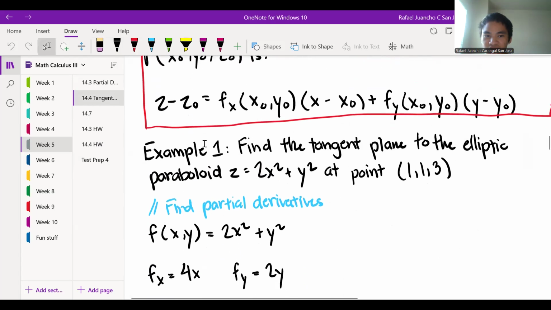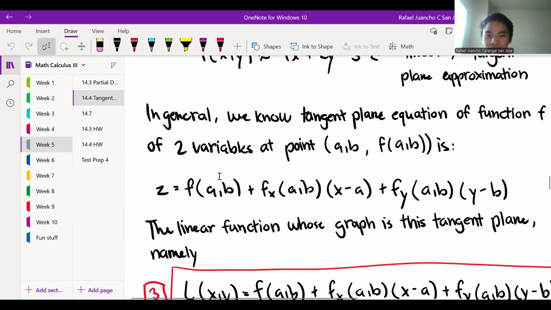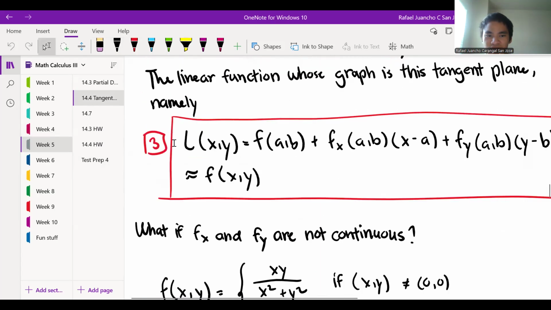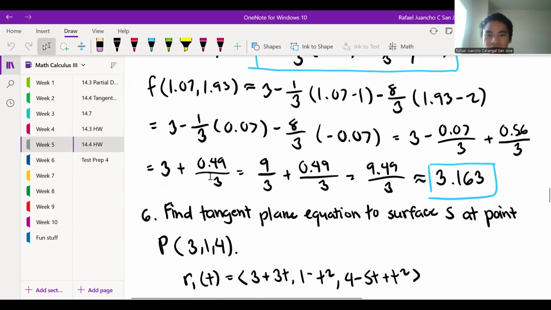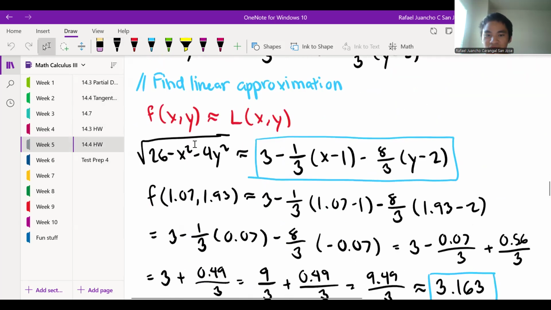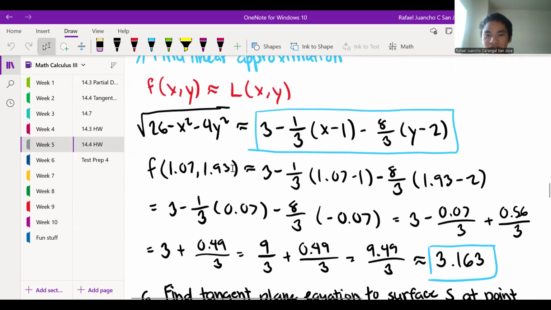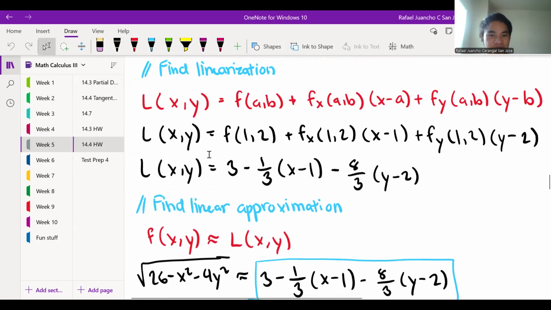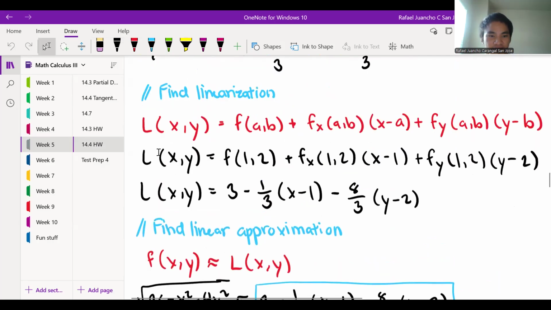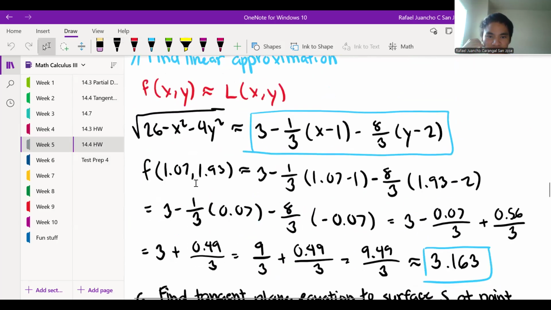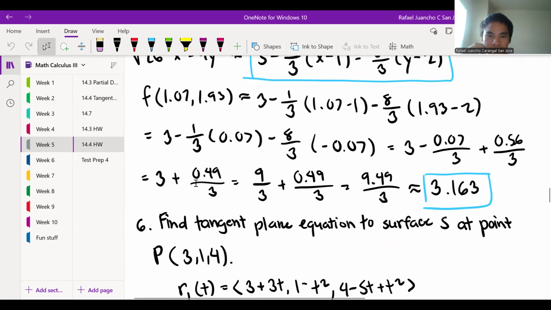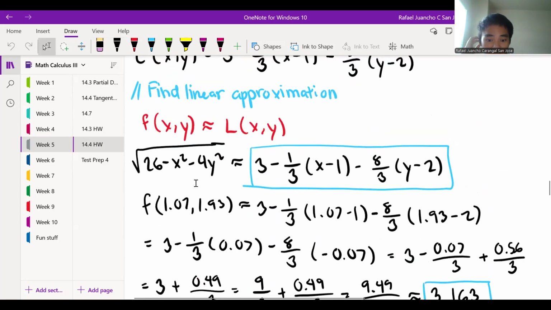14.4. Yeah, linear approximations. How did I do it in the homework? It's usually this, the way you do it in the homework. My linear approximation is just my linearization. It's just that. But we're not using it to approximate anything, right?